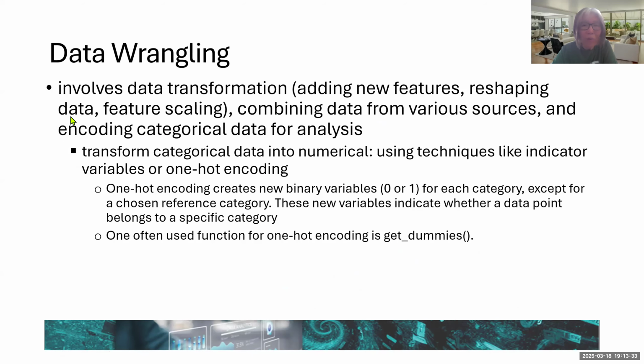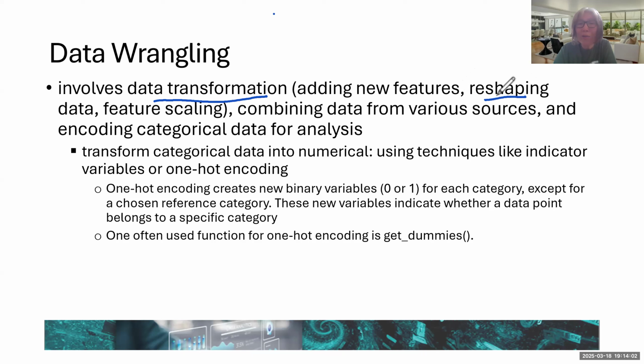The next one is to discuss the concept of data wrangling. Data wrangling involves data transformation. If you recall, previously we discussed reshaping data, where we make the data frame from wide to long, or from long to wide.